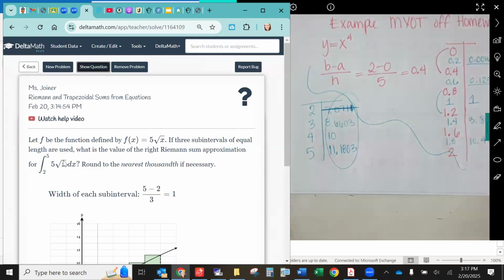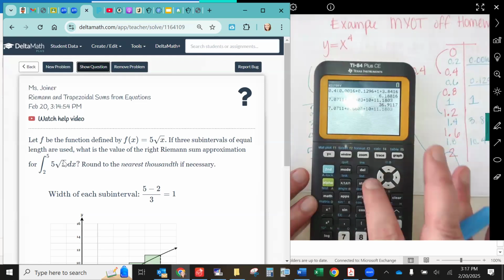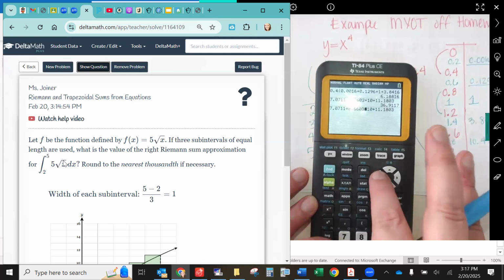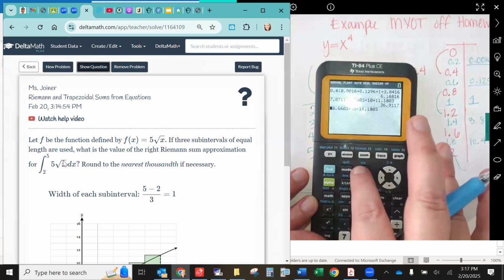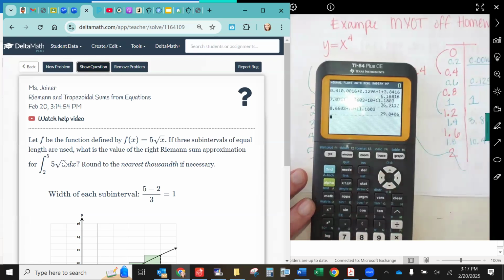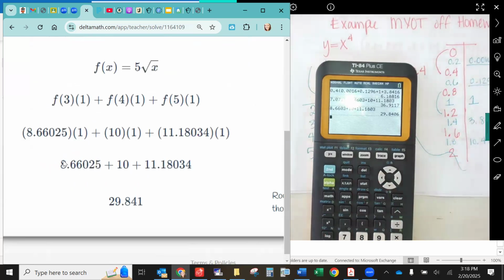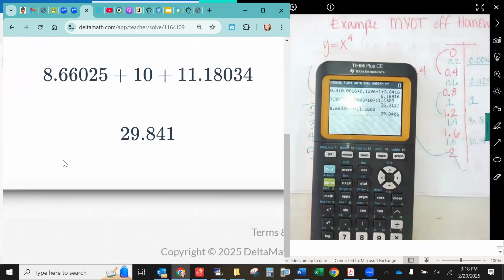Is that right? Yeah. There we go. So you should get 29.840 followed by a 6. That would go to 29.841. Okay, but if you give yourself that 4th decimal as a buffer, then you won't have any rounding errors. Okay.